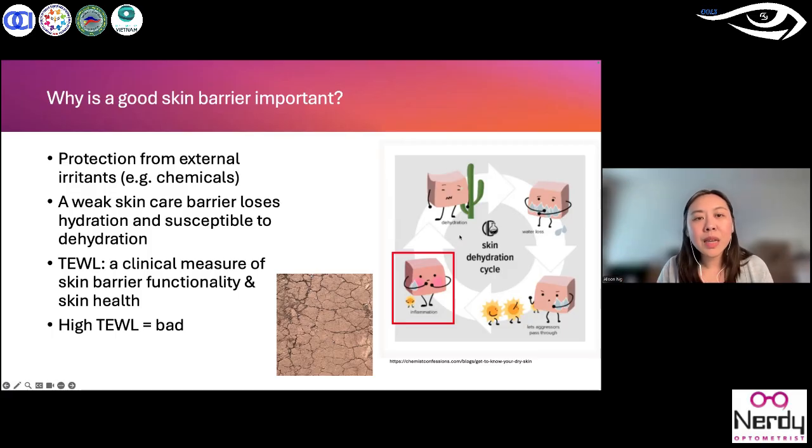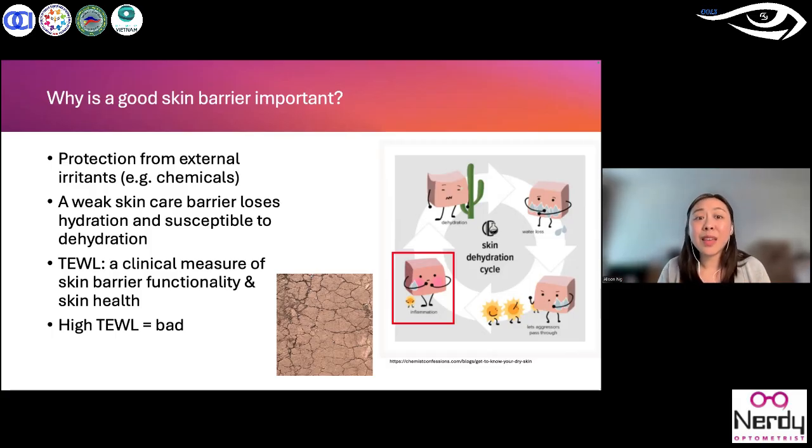So if we start off with skin that is dehydrated, what that ultimately leads to is water loss. But it also means there's increased permeability of stresses and allergens, which then leads to inflammation. In the area of the dermis, we get a cytokine response, we get mast cells coming in, so the skin becomes more red, more inflamed, more angry.